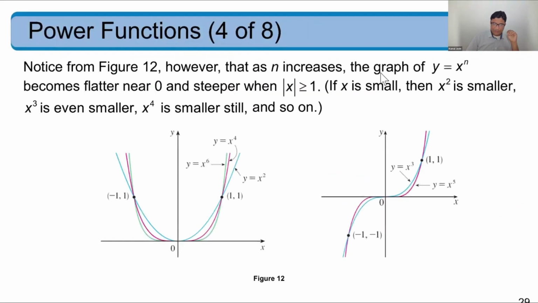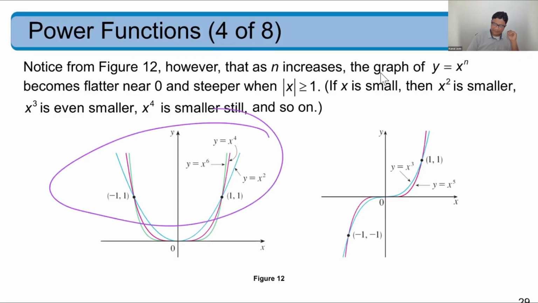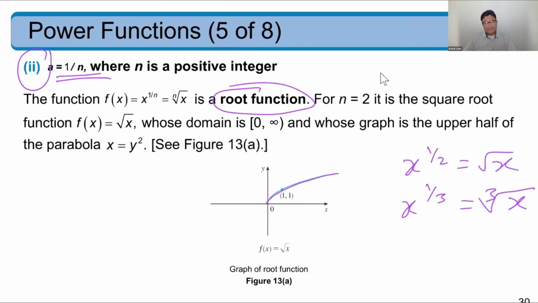In the power functions previously, you noticed that for even powers, the output is always positive. Whereas for odd powers, the output could be positive for positive, negative for negative, right? That has its effect on the root functions also. Now, if you take an even root, like square root or fourth root or sixth root, you don't have the negative side on the domain.